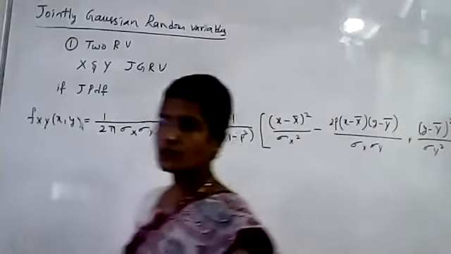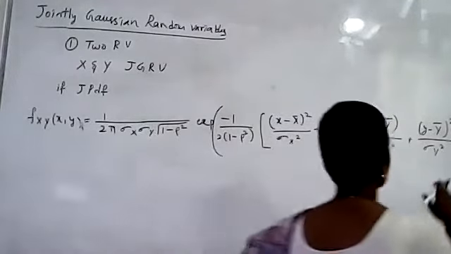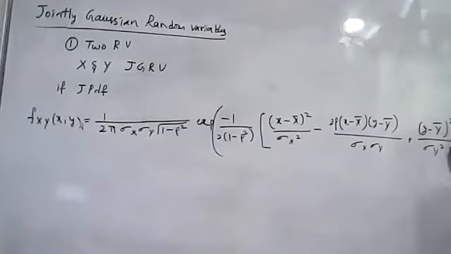So this is the formula. If any two random variables have the probability density function given by this formula, you have to remember this formula when we say that those two random variables are Gaussian random variables. So what is the formula?